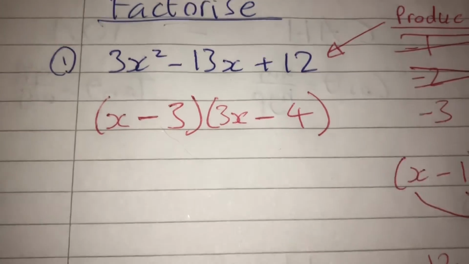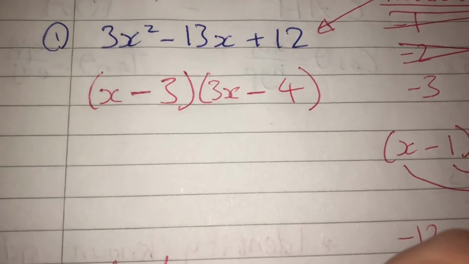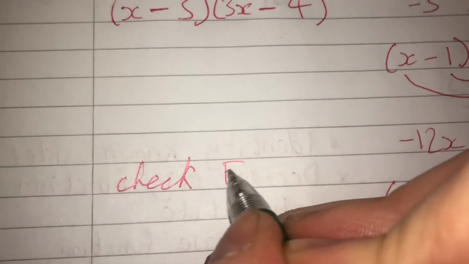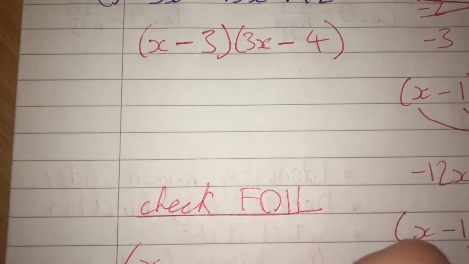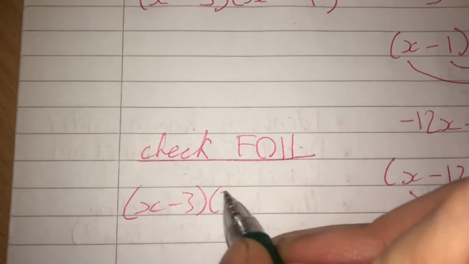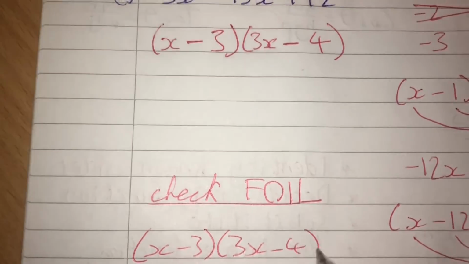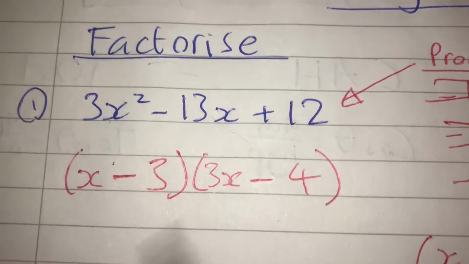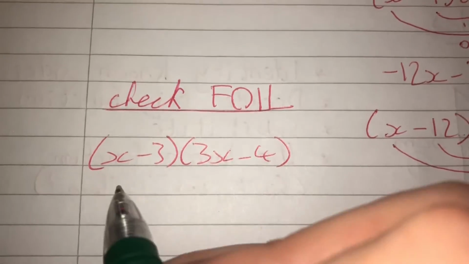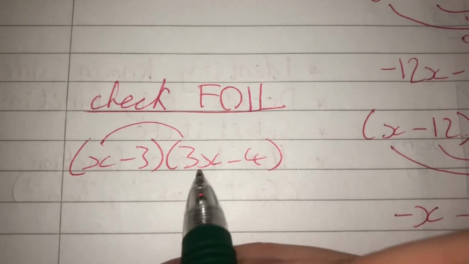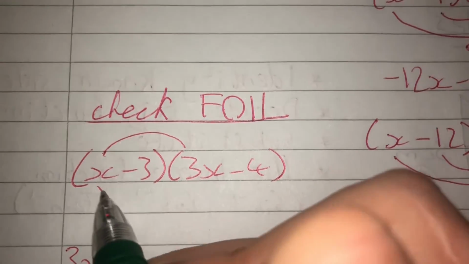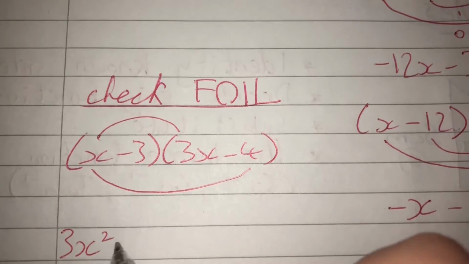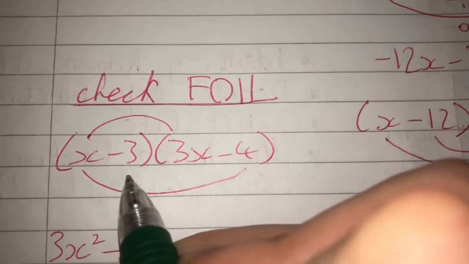Okay, it's always a good idea to check your answer by using FOIL on it as a whole. So I'll take both brackets. I'm just going to use FOIL to multiply out and collect the like terms and see if I end up with my original question. Okay, so first, x times 3x is 3x squared. Outer, x times minus 4 is minus 4x.